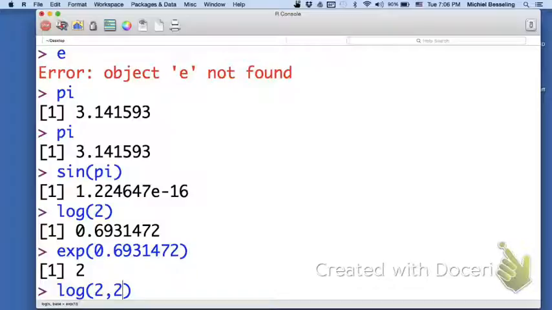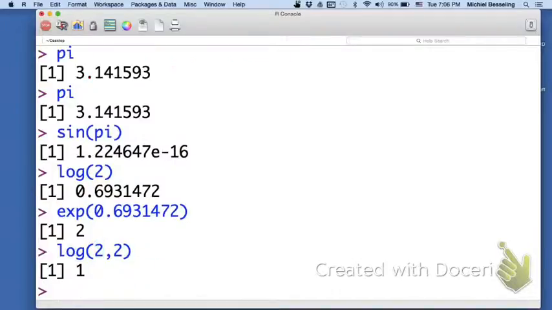And why is it 1? What is a logarithm? A logarithm solves an exponent. When we're saying log base 2 of 2, we're asking 2 to what power? Actually, hold on, I got the 2 backwards. It's this 2, the base 2, to what power equals this number, 2. So 2 to what power equals 2? 2 to the first, right?